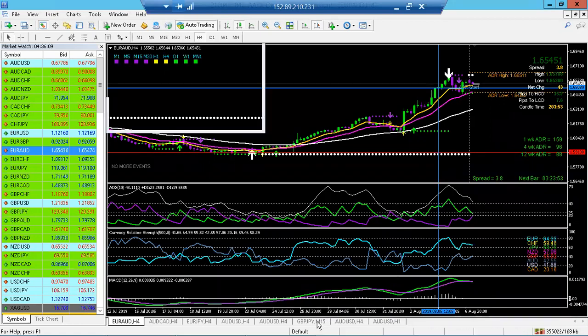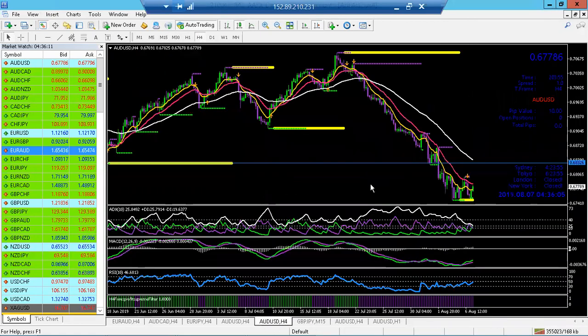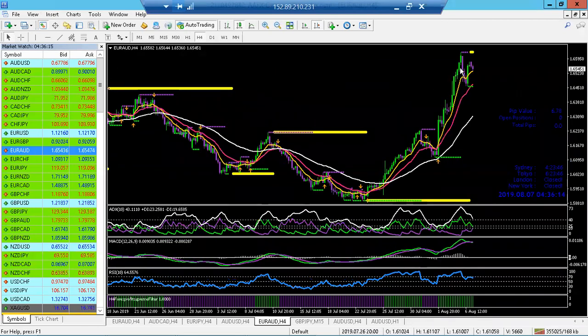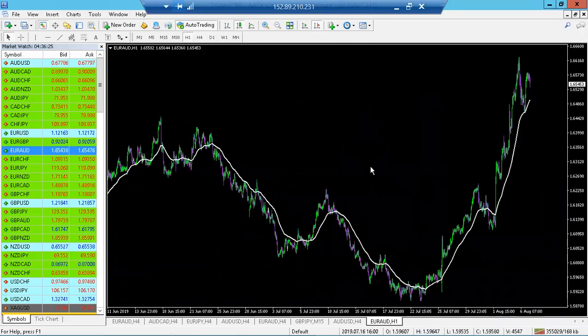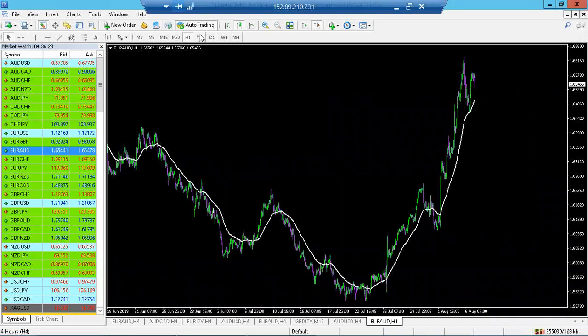Again, I would have confluence that we're making higher highs, so I know I could buy it. But if you want to know how much you can buy it, the best way to do that would be to go to a naked chart, super naked, and let's see.